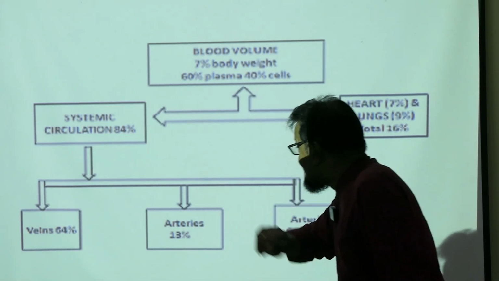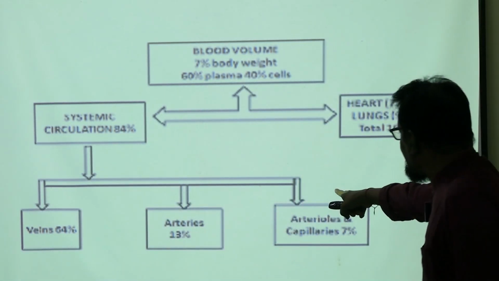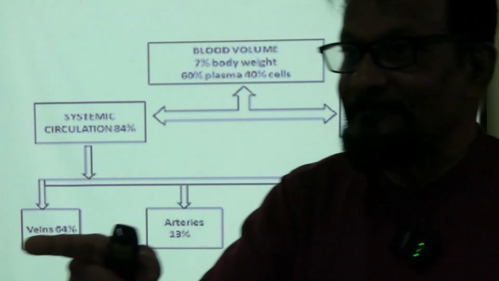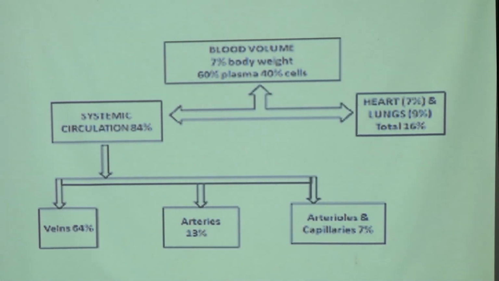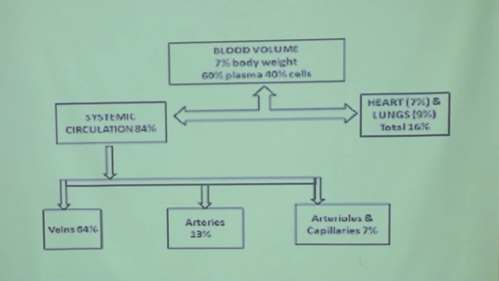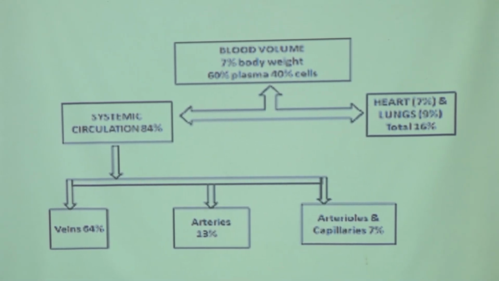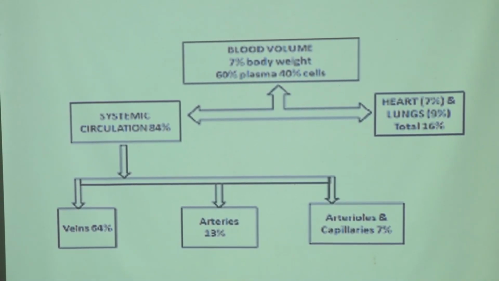Now out of this 84%, veins are holding 64%, whereas the artery is only 13%. Who said artery? So your concept is reversed. I think you will be remembering this for all time: most of the blood is retained in your veins.